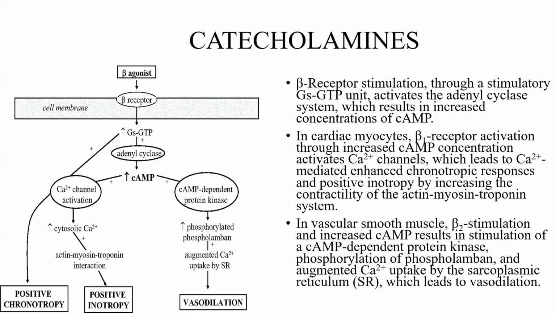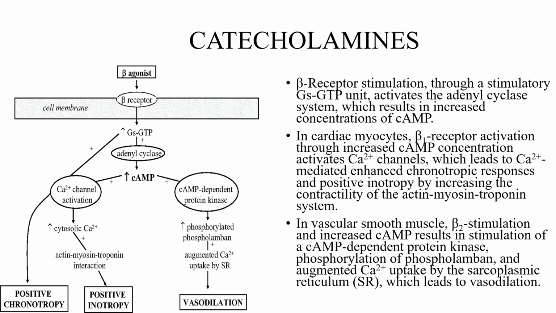So it can affect it in two ways. You have either positive chronotropy or positive inotropy. You tend to have them occurring together, but not in all cases, because some medications can affect either or both. Then on the right-hand side, the beta 2 agonist. It's basically the same pathway, but slightly different.